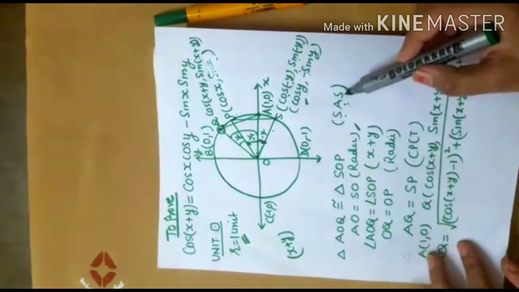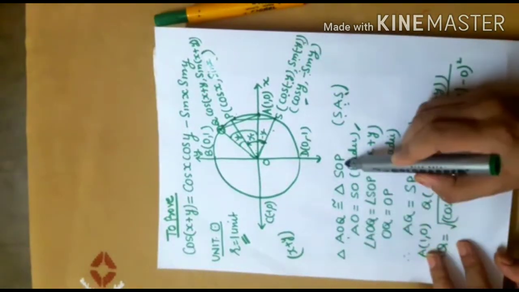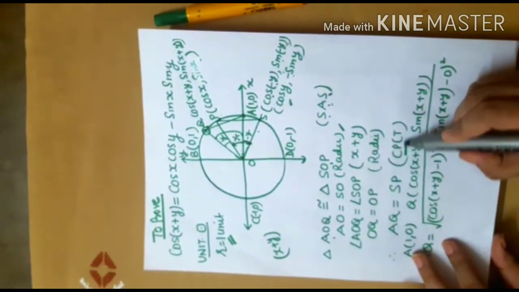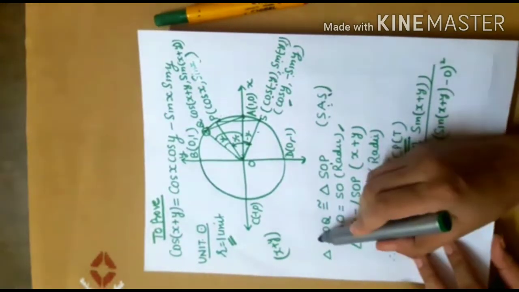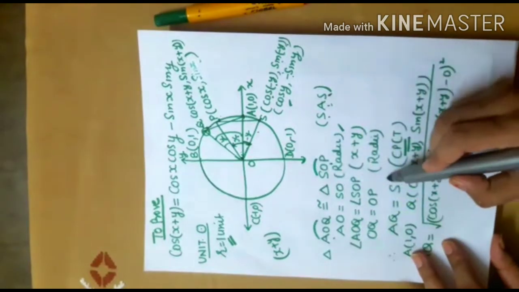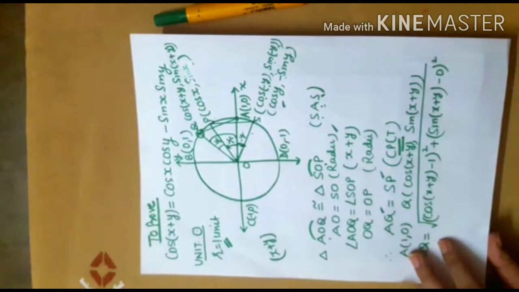So by SAS, these two triangles will be congruent. When triangles are congruent, their corresponding parts are equal. So can I say AQ will be equal to SP? Right?